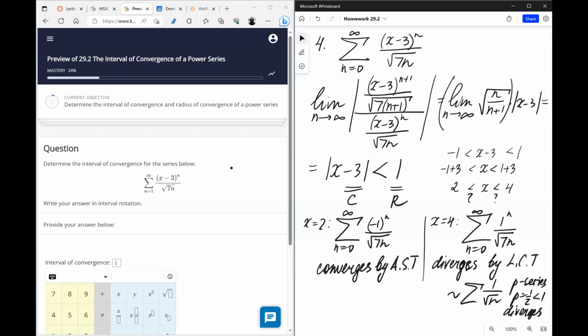That means that we're going to include x equals 2 in the interval, and we're not going to include 4. So in interval notation, the answer would look like this, from 2 to 4.